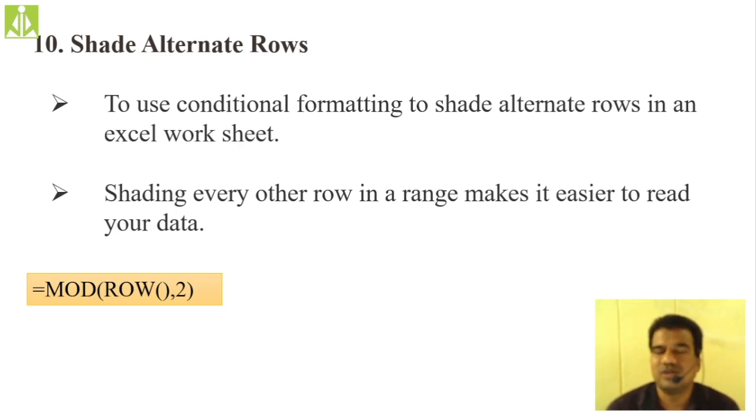This MOD function will select the alternate rows in each iteration, so that Excel can mark that alternate row with a specific color. Okay, hopefully you understood this one. We practiced this in our previous session as well.